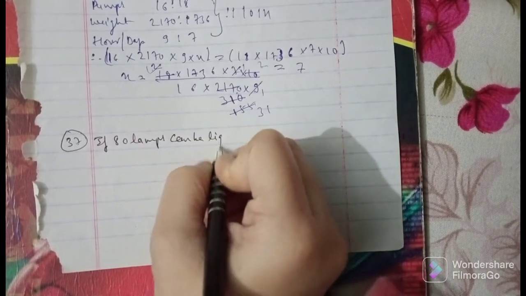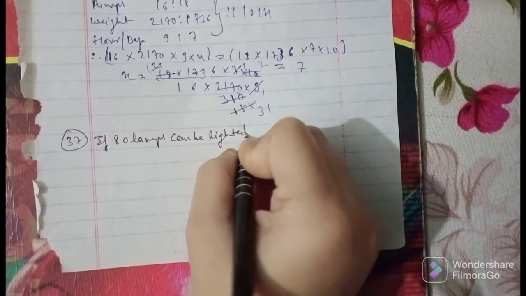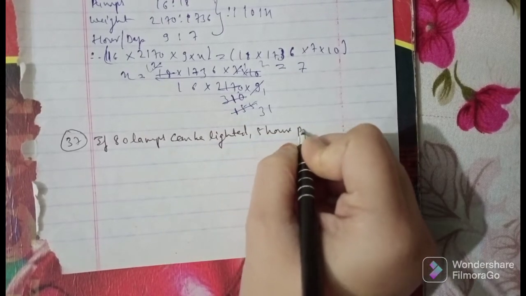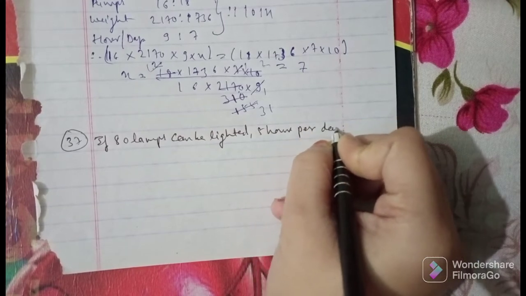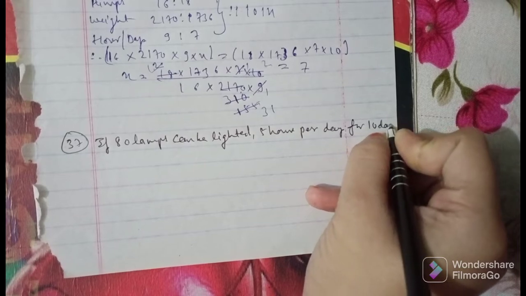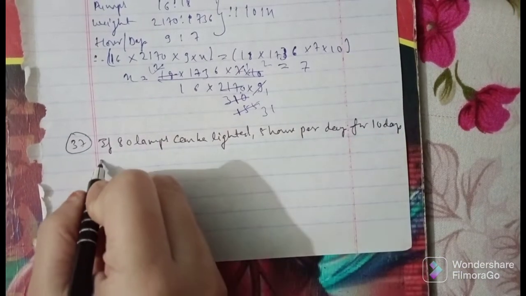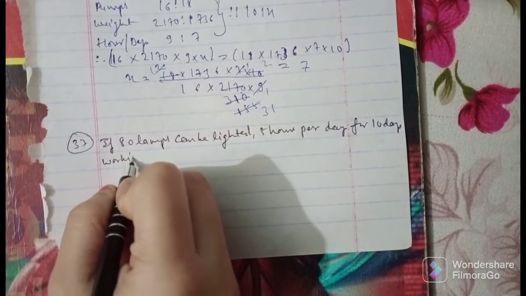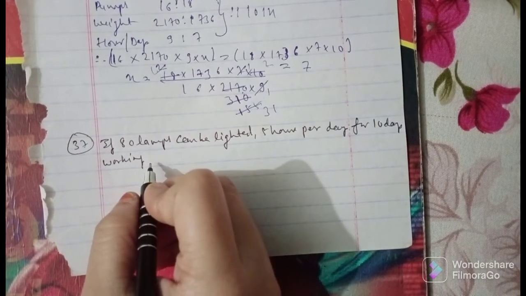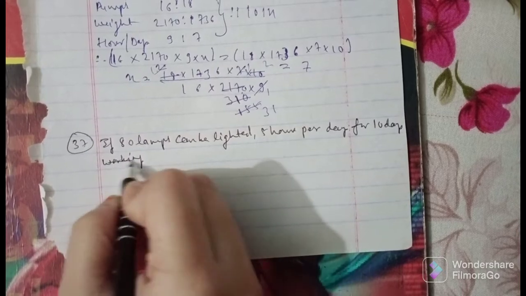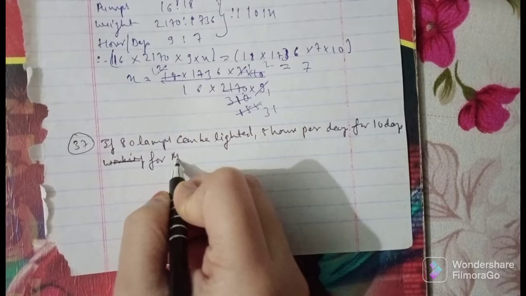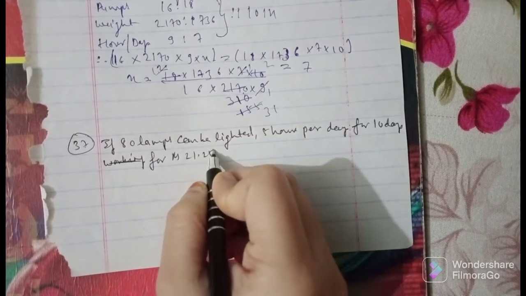Can be lighted 5 hours per day for 10 days for rupees 21.25.